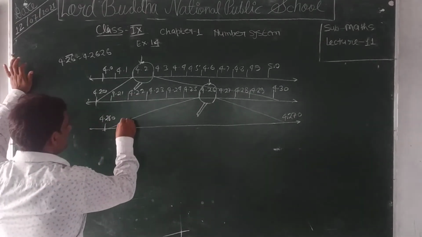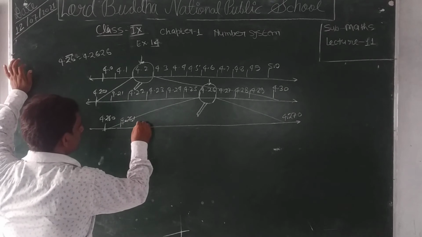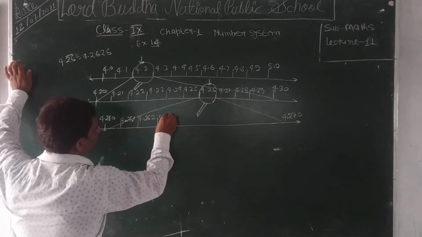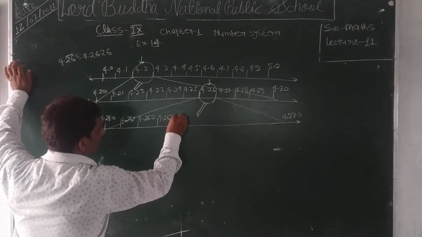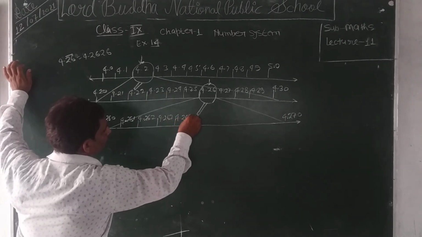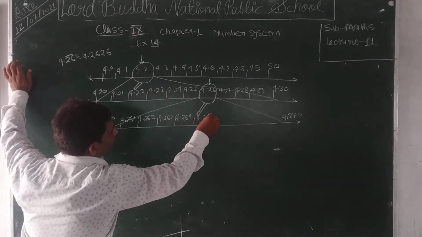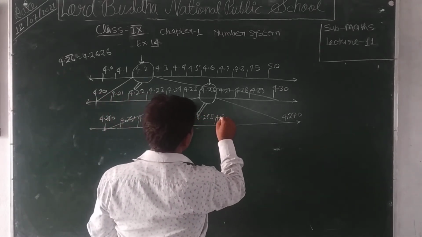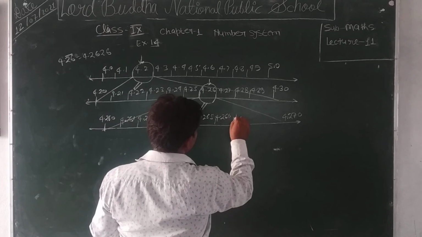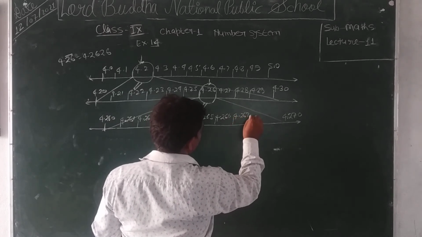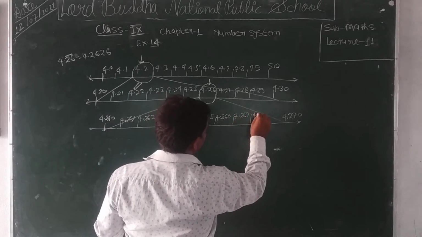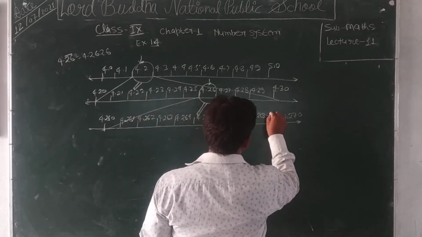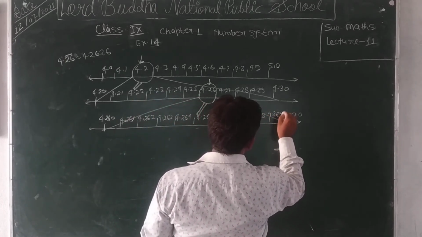The first one will be 4.261, 4.262, 4.263, 4.264, 4.265, 4.266, 4.267, 4.268 and 4.269.